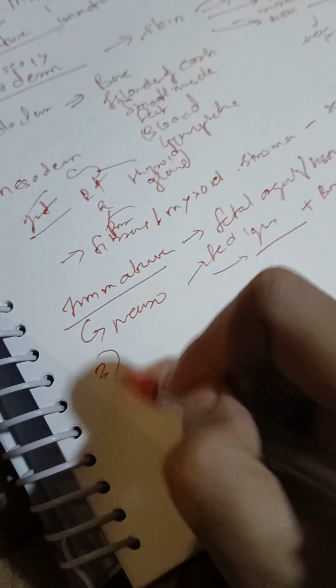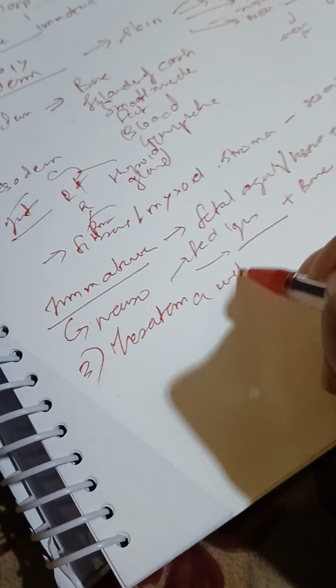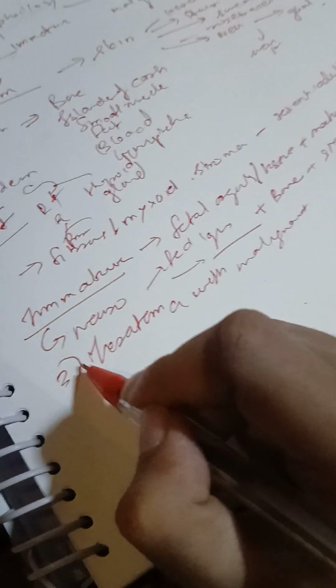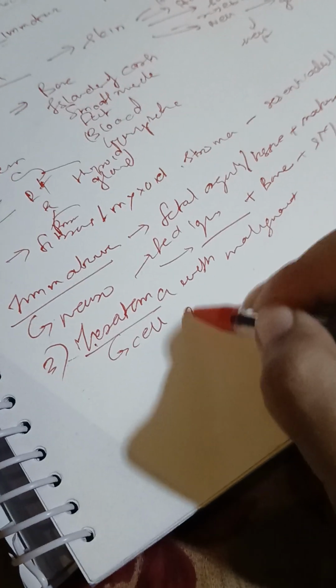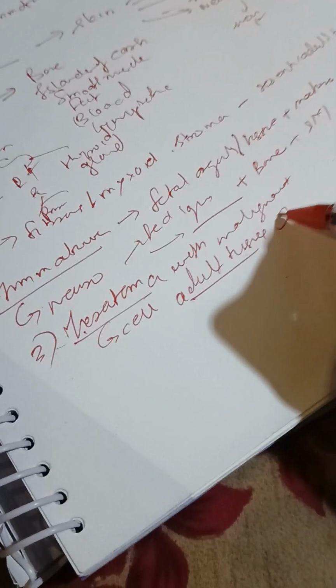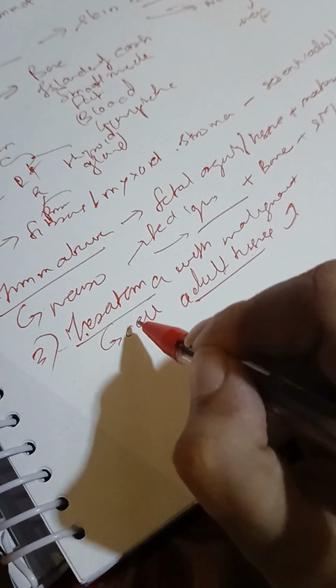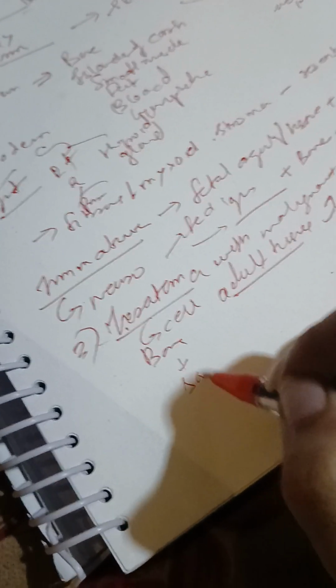Now the third one is teratoma with malignant transformation. This is seen rarely. Basically, normal teratoma components are there, with adult tissues, and those adult tissues undergo malignant transformation. For example, bone in the teratoma adult tissue will undergo sarcoma.